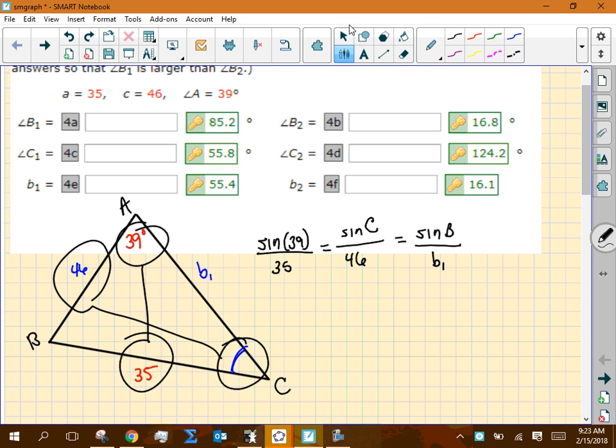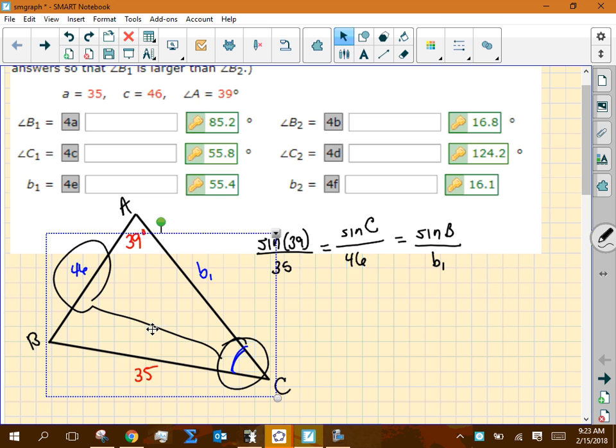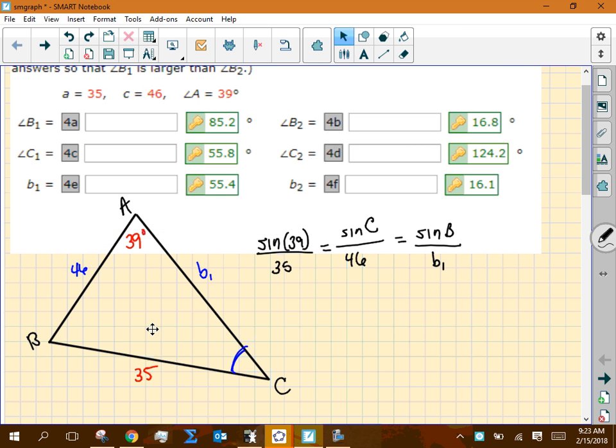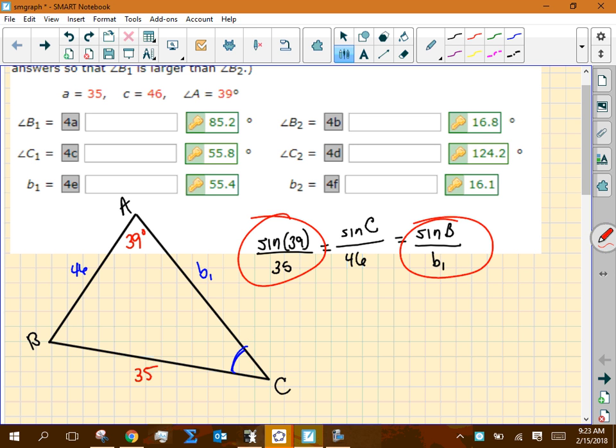Now if I do that, can I use that ratio right away? Because we're going to set up a proportion, right? So in a proportion we need 2 of these. Can I take that one and that one right away? No, because there's 2 variables in the one on the right, correct?